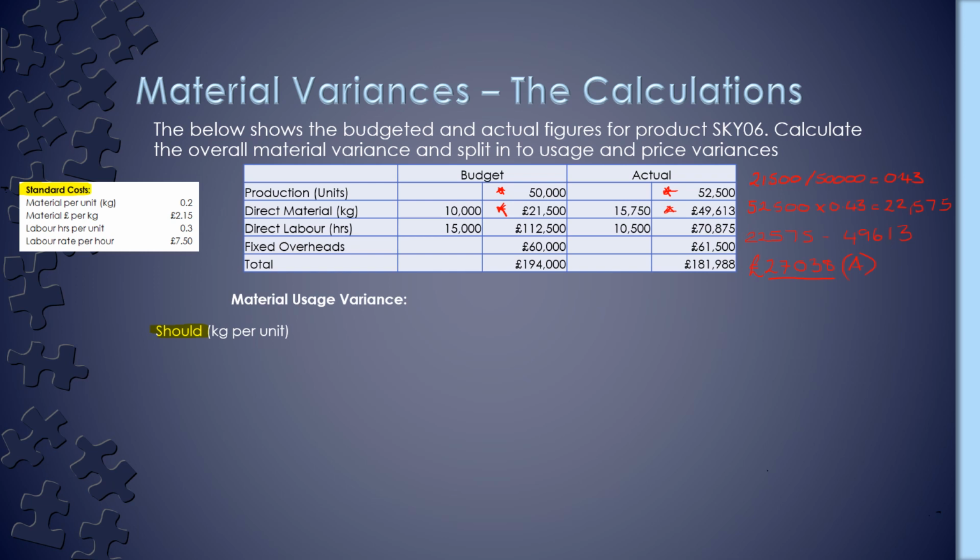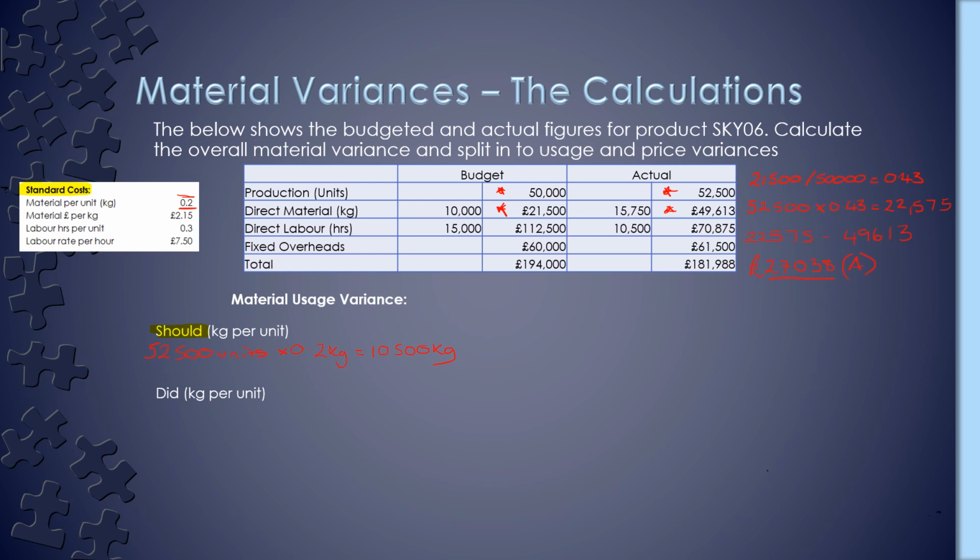Our actual production was 52,500 units, and we're going to multiply that by the material we should have used from our standard cost, and that gives us that we should have used 10,500 kilos. So to make our actual production, we would have expected to have used 10,500 kilos.